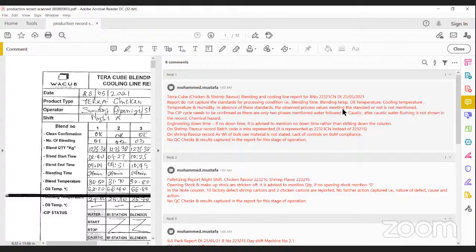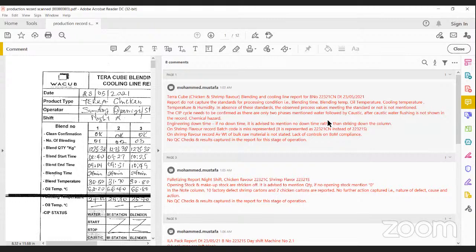Also, we noticed that the CIP cycle needs to be confirmed, as there are only two phases mentioned: water followed by caustic. Then after caustic, water flushing was not shown in the record.